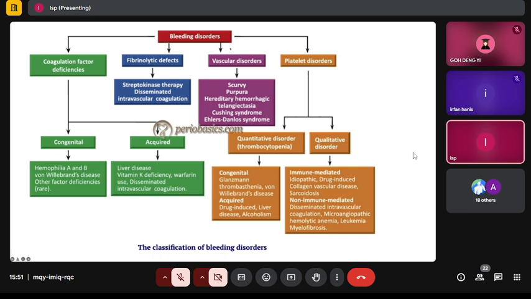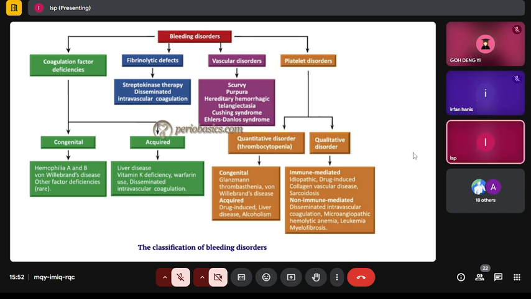So other less common causes of bleeding disorder would be vascular disorder. The vascular structure of the vessel itself is not strong due to underlying defects. Number one would be scurvy. Scurvy is due to what? Vitamin C deficiency. Yeah, correct.